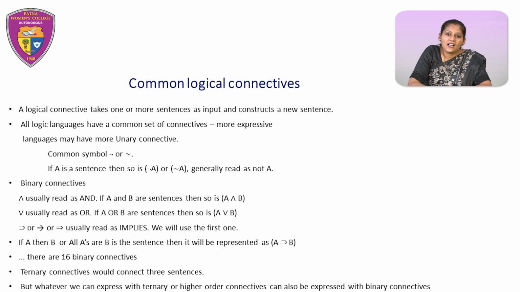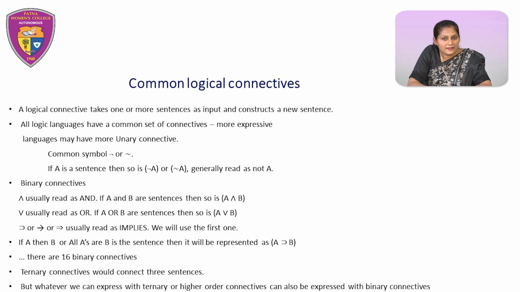Logical connectives are used to describe new knowledge by taking one or more than one sentence as input. Mostly used logical connectives are unary, which take one sentence as input, for example logical NOT. Second, binary connectives, which take two sentences as input, for example logical AND. If A and B are sentences, it is written as A ∧ B. Second, logical OR.